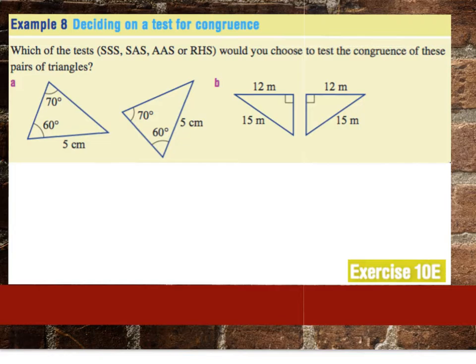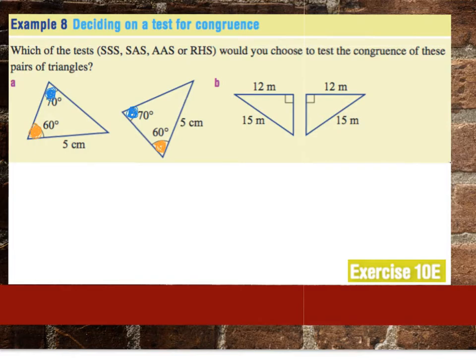So in the two triangles, they tell me that this side is the same as that, that angle is the same as that angle. They showed me that this angle is the same as that angle, and they also showed me that the one side is the same as the other side.